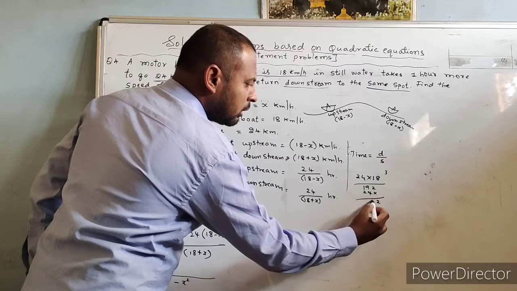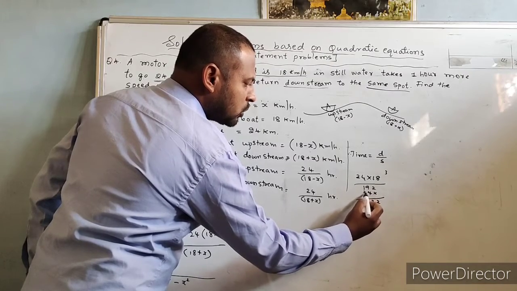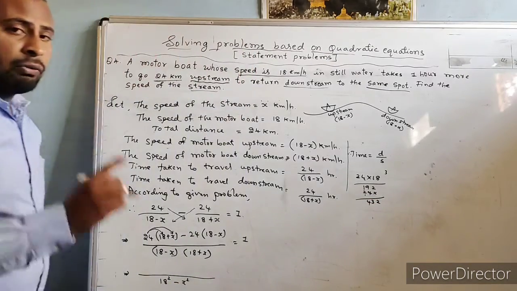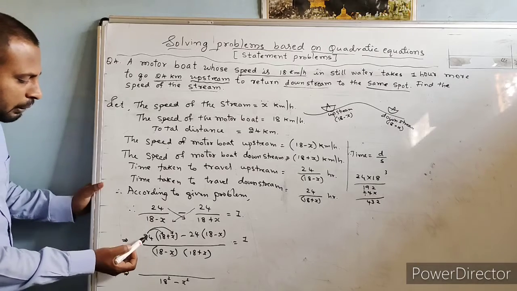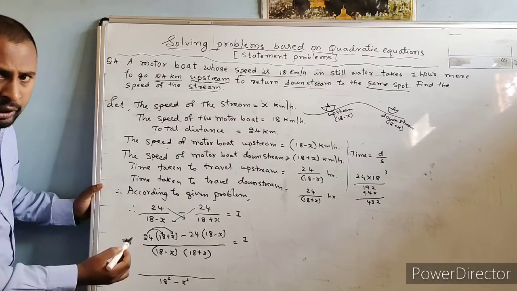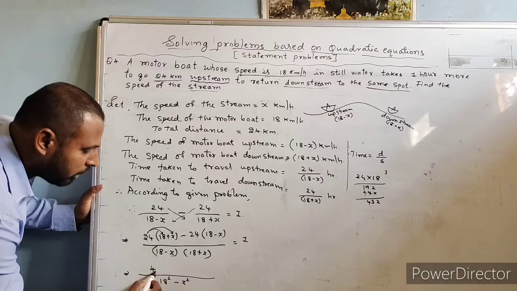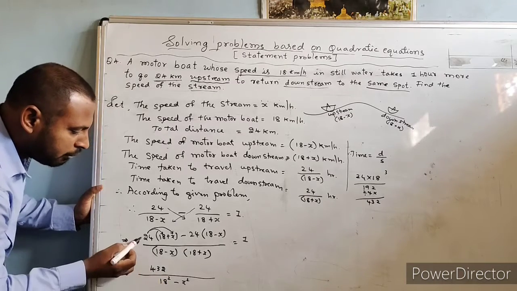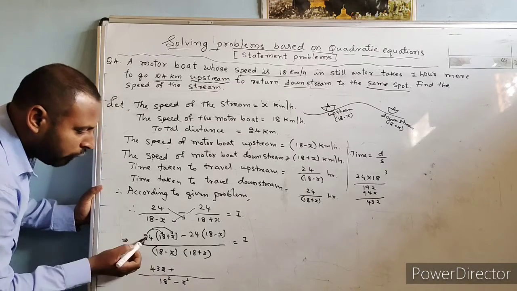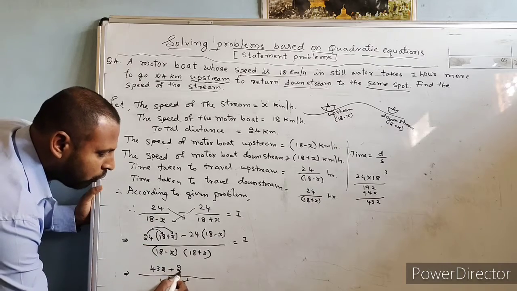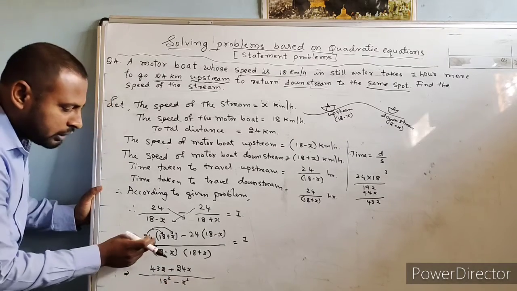So 9 plus 4 is 13, carry 1. So 1 plus 2 plus 1 is 4. So we get 432. Then plus into plus, plus 24 into x, 24x. Okay, the first one is clear.